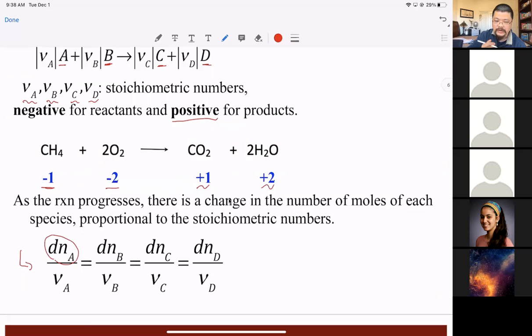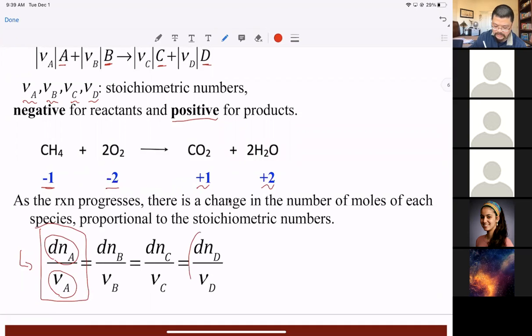As the reaction moves forward, the number of moles of reactants shall decrease. So dN_A itself should be a negative value if we are looking at a reactant. But at the same time, the corresponding stoichiometry value for that reactant, nu_A, is also a negative value. So over here, we are going to have altogether a positive value to describe the progress.